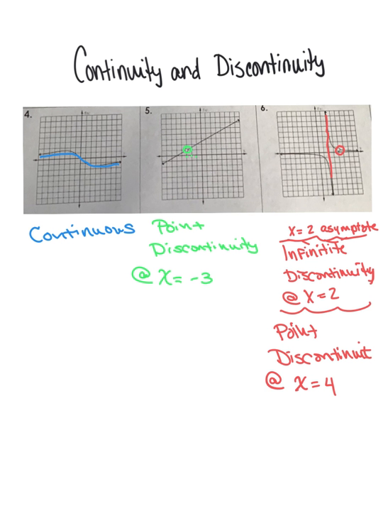So remember, I have 4 cases. My first case can be continuous when I have no breaks. If I have one spot, removable or point discontinuity. I can have jump discontinuity.